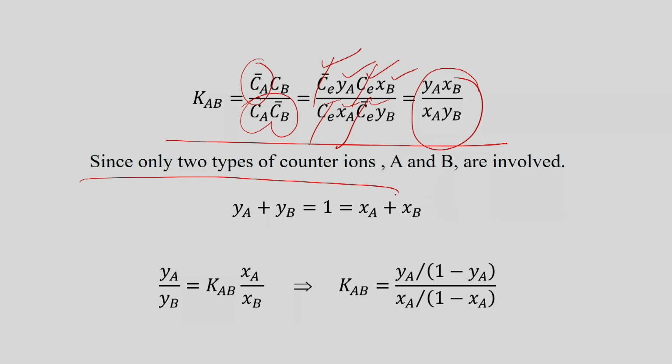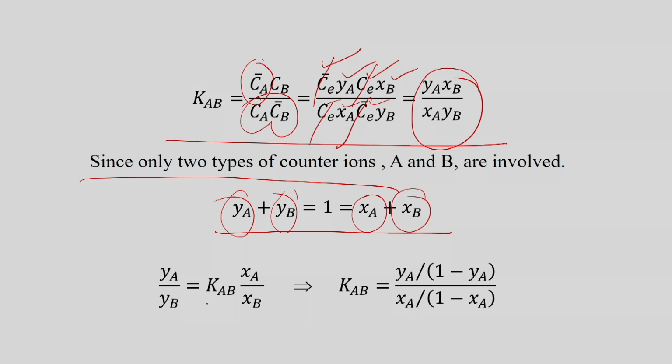Since only two types of counter ions, A and B, are involved, Y A plus Y B is equal to 1, and X A plus X B will also be equal to 1.